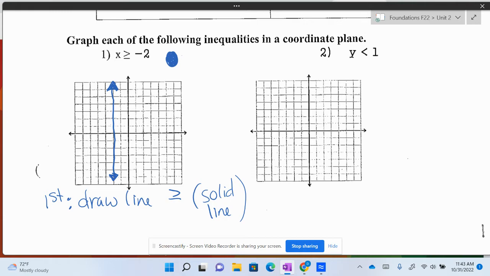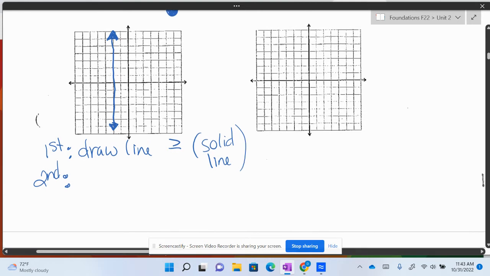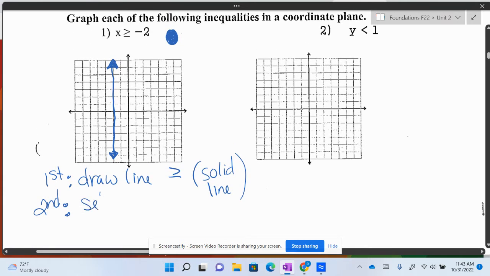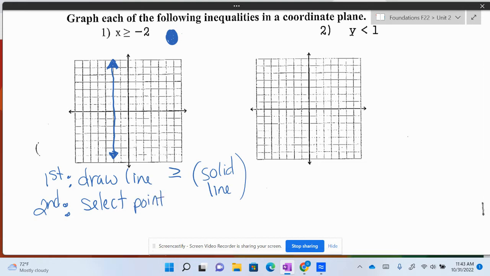But the other thing that we have to do is we have to choose a test point. So we have to select a point that is not on the line and see if it works. So I'm going to tell you what I mean by that.